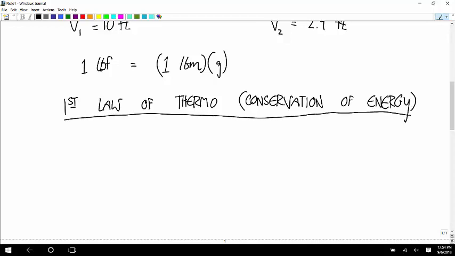It has this form: the change in energy of your system is equal to the heat Q minus the work W. The reason we're subtracting W is because of the funny sign convention on W. Positive W means energy is leaving the system through work, or the system is doing work.